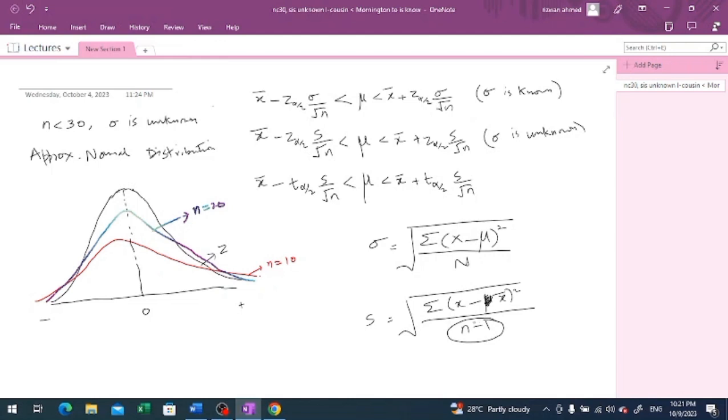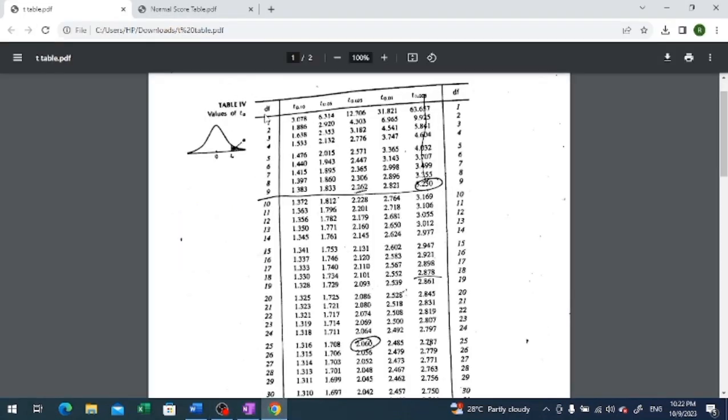This n minus 1 divisor we call the degrees of freedom, denoted as df. This is what you can identify as the heading of the first column of the T table.